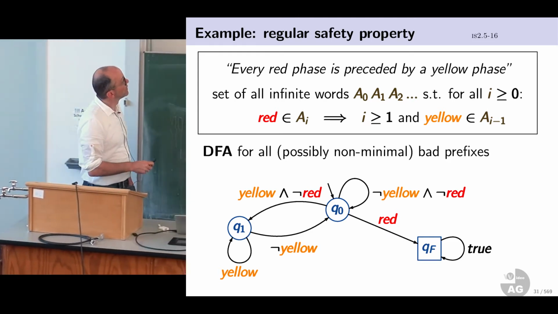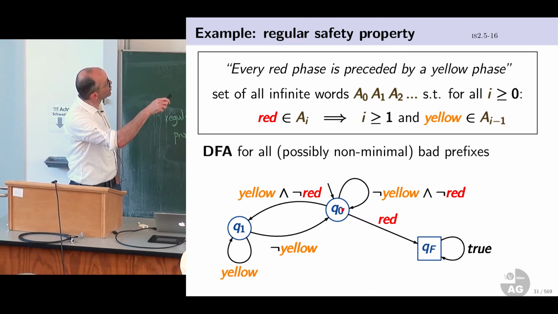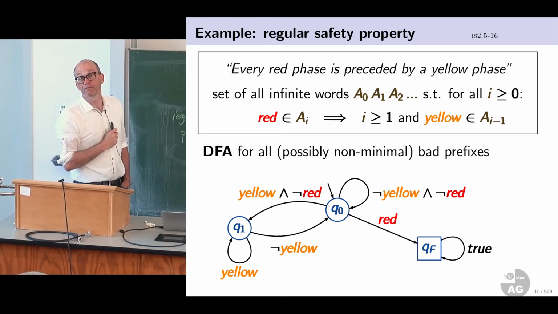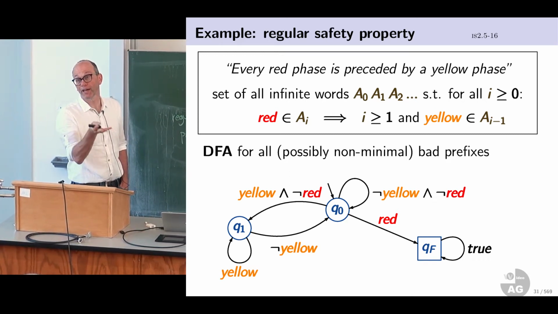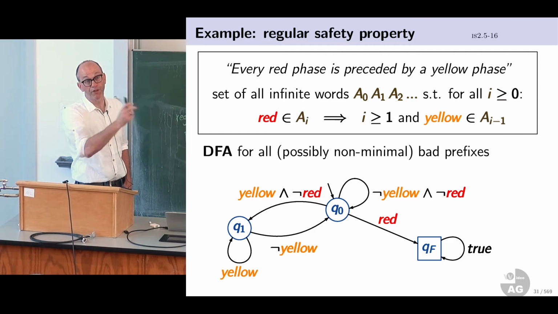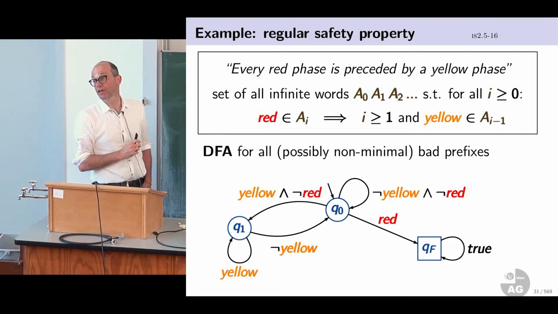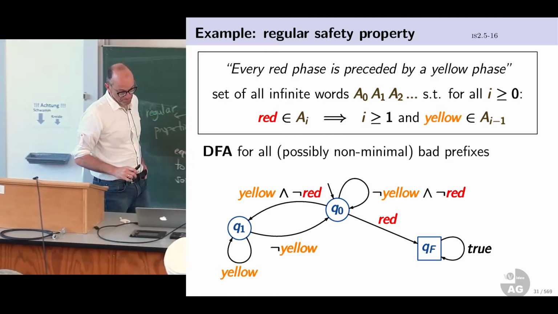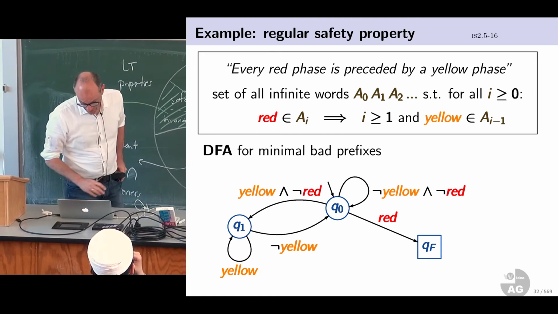Good. So what happens is that you are in Q0, you just have seen not yellow. If then red comes, it's bad. Yeah, because according to the property, red should only occur if yellow has been true in the immediately preceding input symbol. Good.